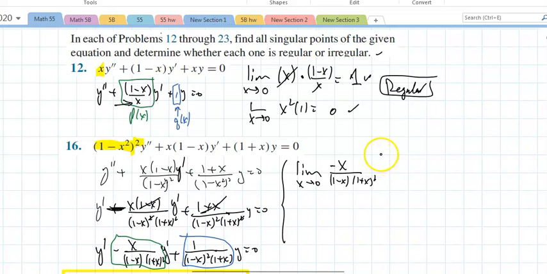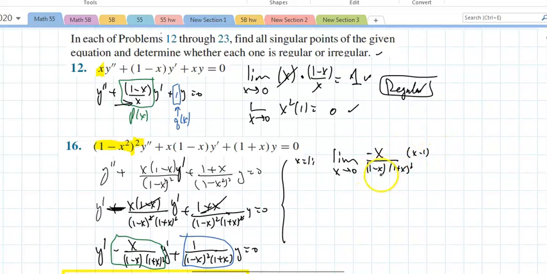Let's say we're talking about x equal 1. We have two values, right? For x equal 1, I'm going to multiply that by x minus 1. What would happen? This will cancel with that. That will become a plus. I'll get 0 over 1, which is 0. I'm sorry, x approaches 1. I'll get 1 over 2. I'll get 1/4. And that will check.